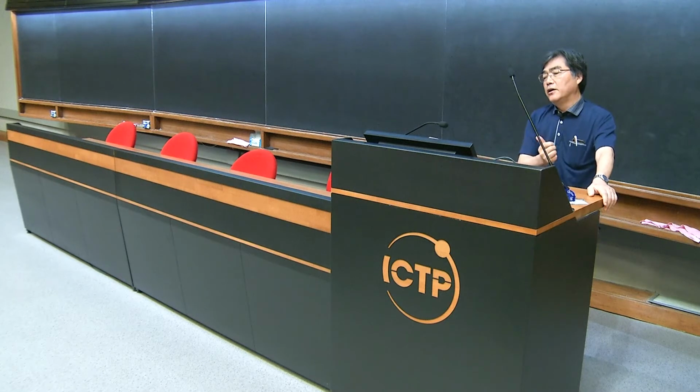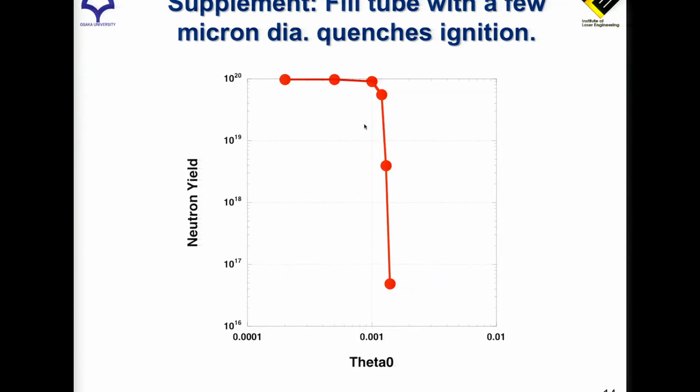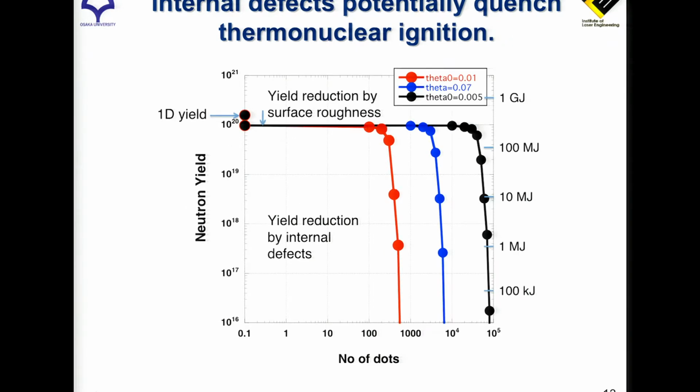If we increase the number of dots, look at the red line, for example. This one has 10 micron dots. If 100 dots is okay, the neutron yield doesn't change at all.